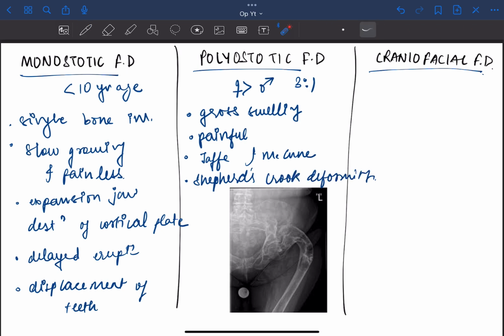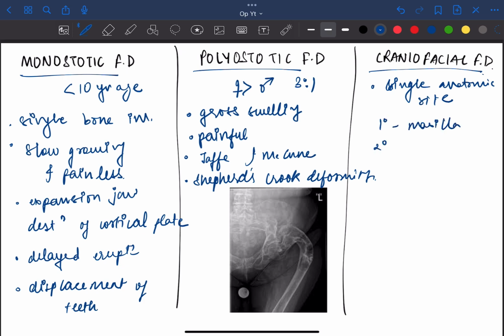So Shepherd's crook deformity, we can appreciate it here. It has occurred in a femur bone. You can see that there is a bowing of bone and it has taken the shape like a shepherd's crook. Craniofacial fibrous dysplasia is confined to a single anatomic site. Primarily, it occurs in maxilla and in sutures of skull.